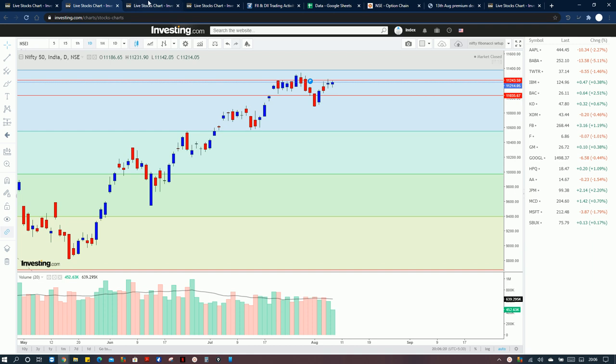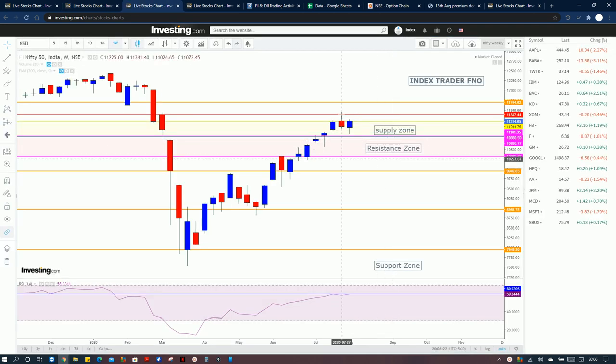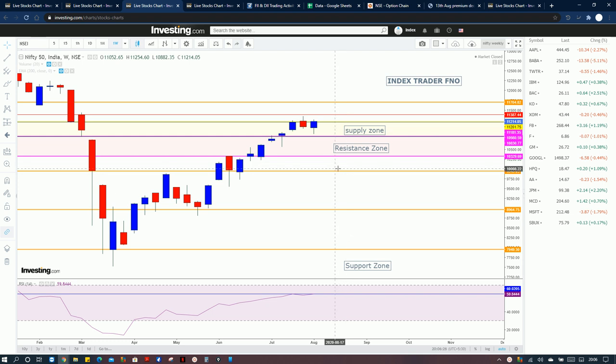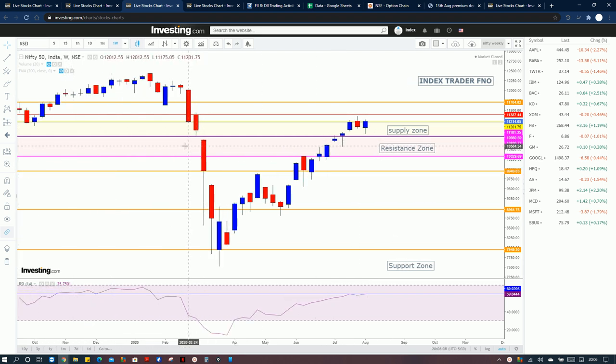Now we move on to the third setup, the price action. In the price action, the important thing to note is the candle which formed in the month of March. That candle's closing was around 11,201.75, so we had drawn the exact line here.